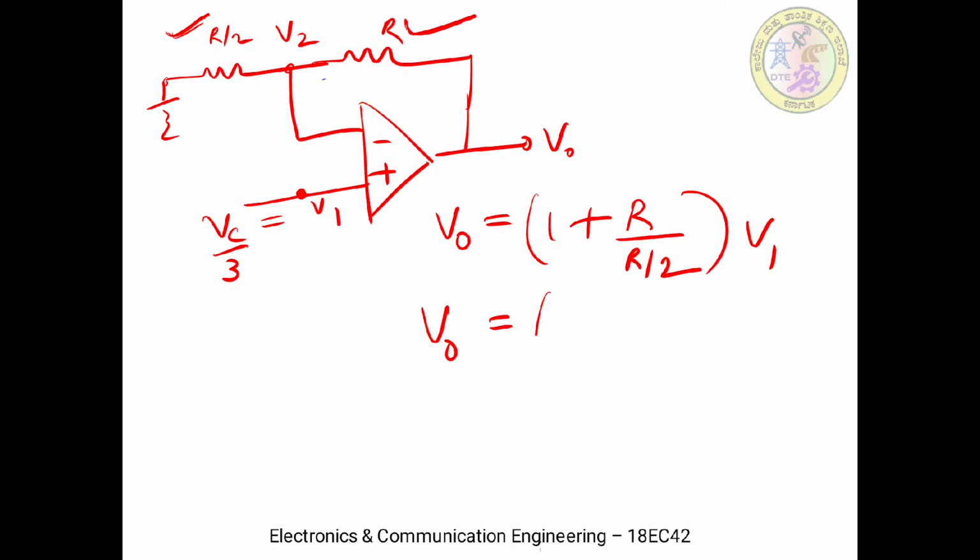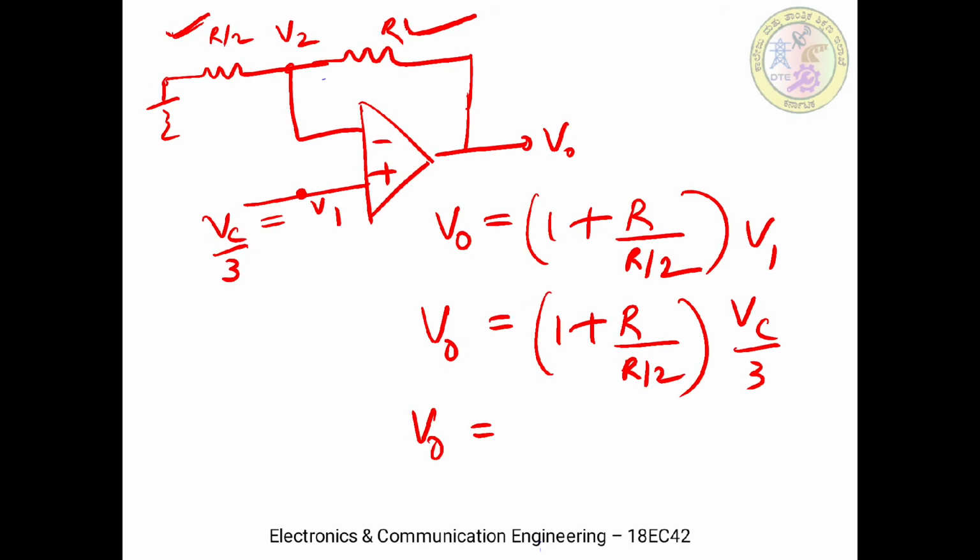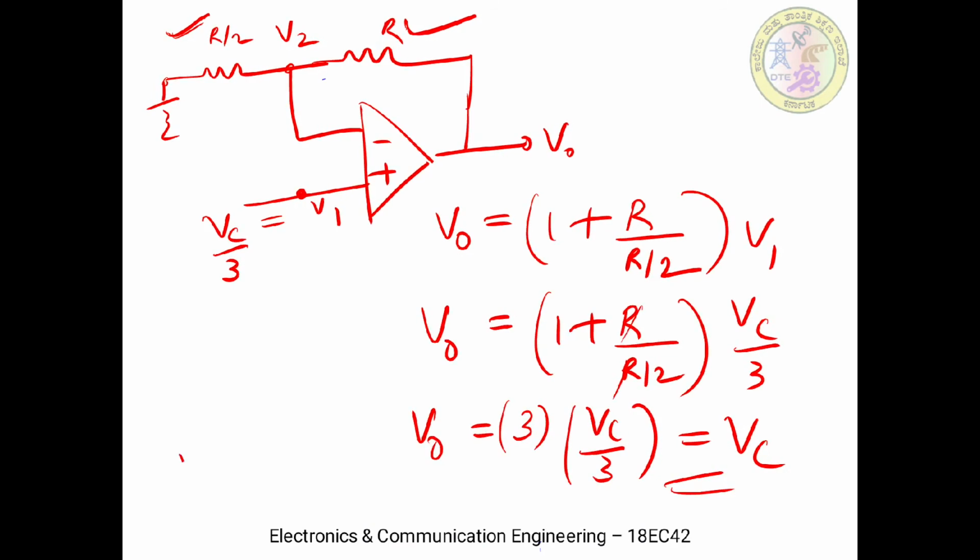V1 value is VC by 3, so 1 plus R by R by 2 into VC by 3. So V0 will be equal to, R and R will be cancelled, so 2 will be shifted to the numerator, 2 plus 1, 3. So 3 into VC by 3 will be equal to VC. Therefore VOC, that is output voltage because of C input, will be equal to VC.